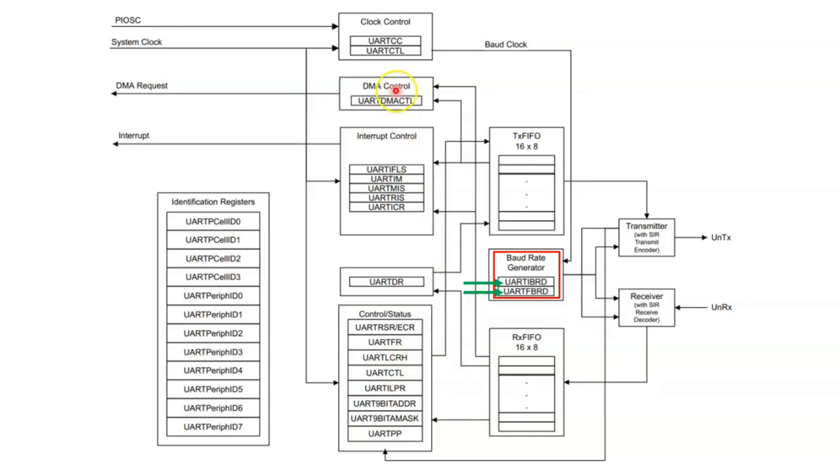And then for the baud rate generator, there is the UART integer baud rate divisor, which is the UARTIBRD register, and then the UART fractional baud rate divisor, UARTFBRD register.